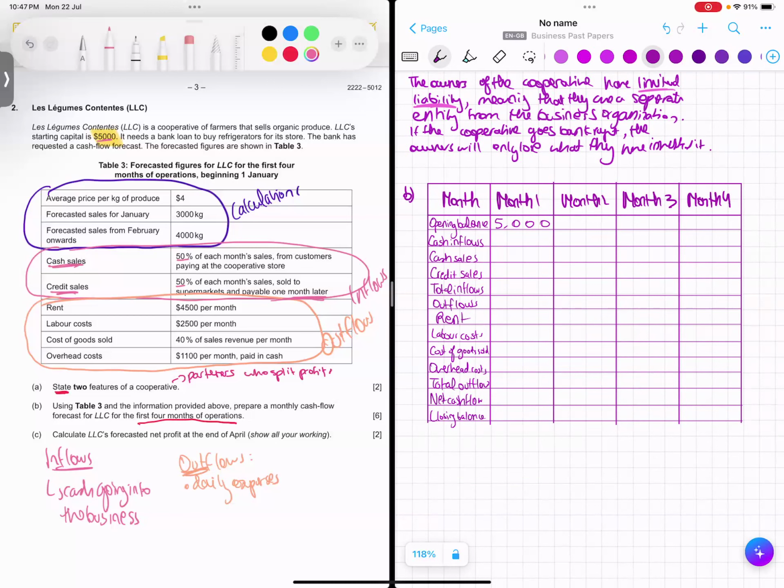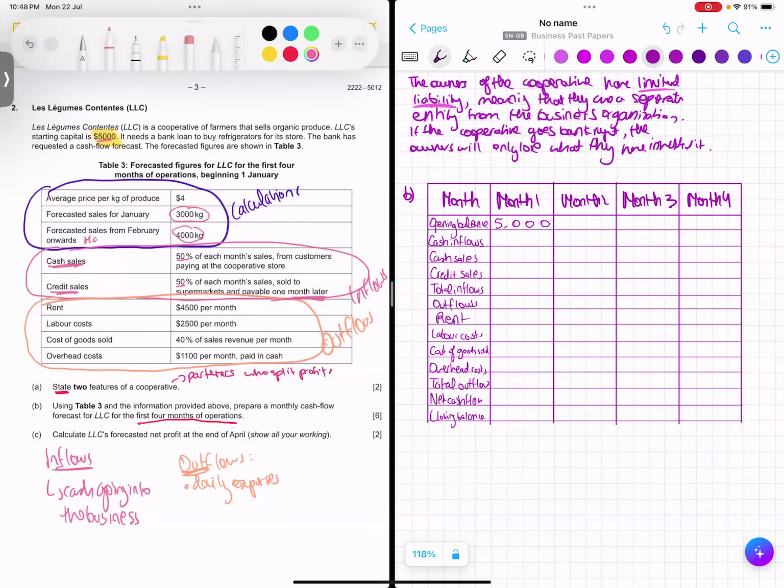For month 1, they say 50% of... okay. So how do we calculate the cash sales? We calculate the cash sales by looking at January, which is month 1, then February, month 2, March, April.